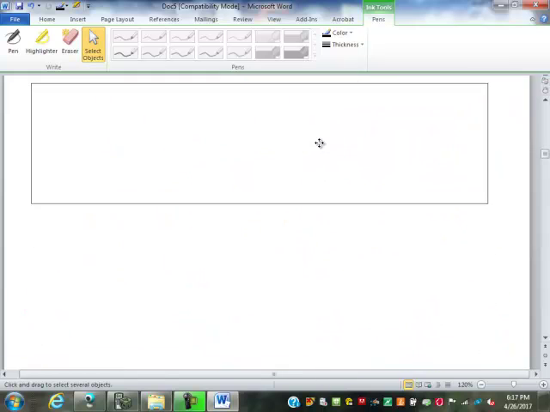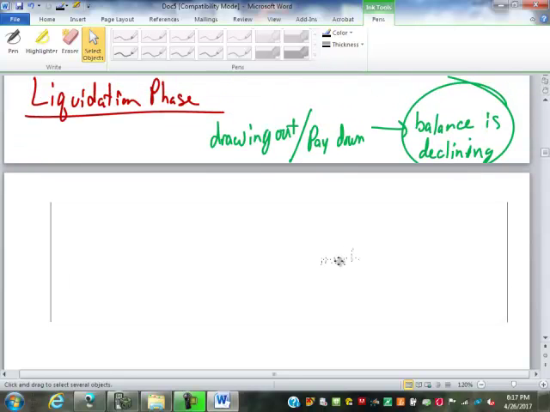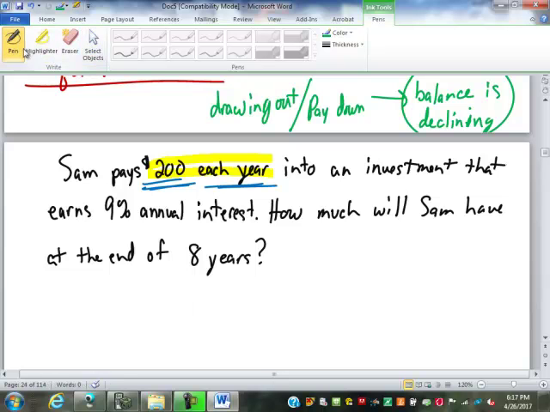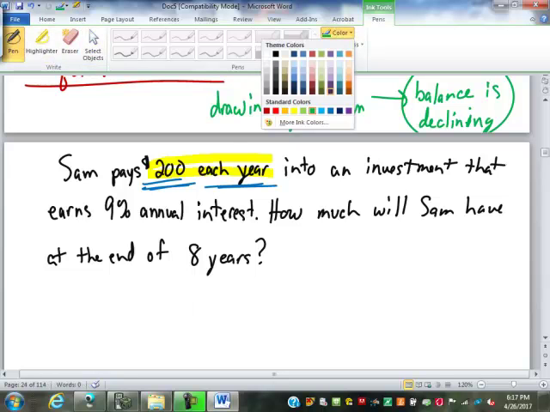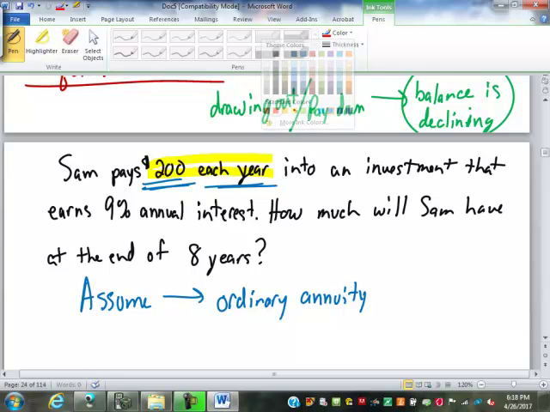So we are going to assume Sam is an ordinary annuity. It did not state annuity due, so you will always assume ordinary annuity, unless stated.